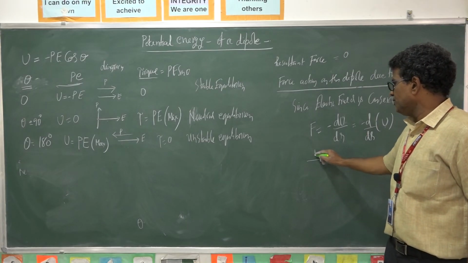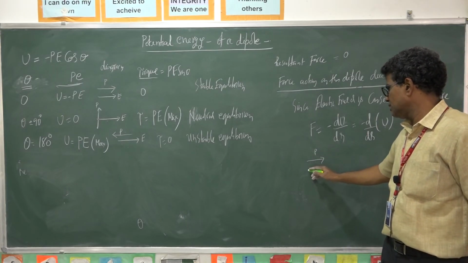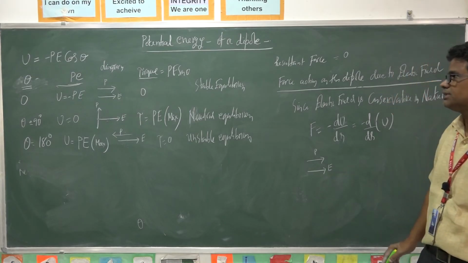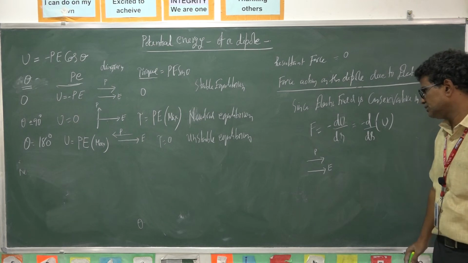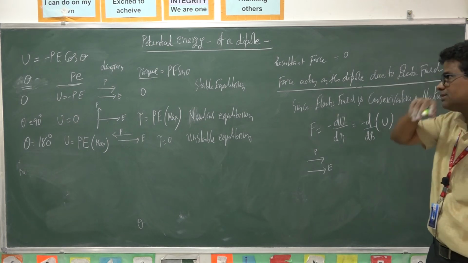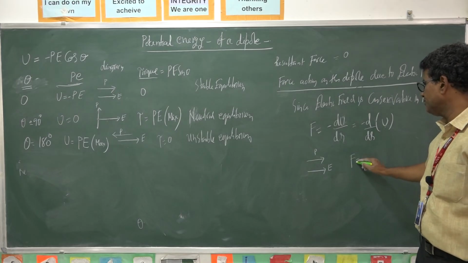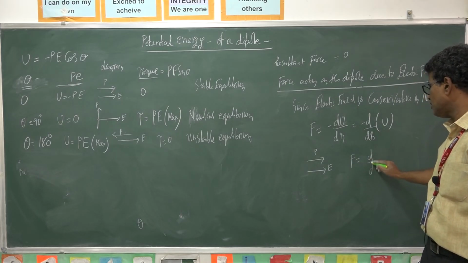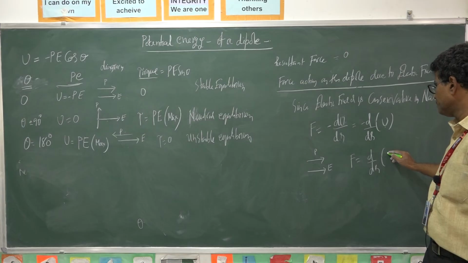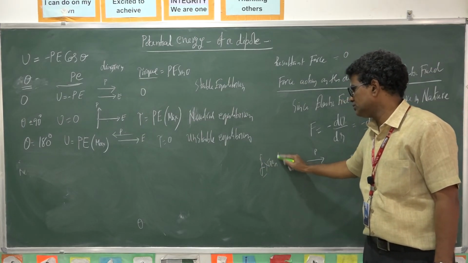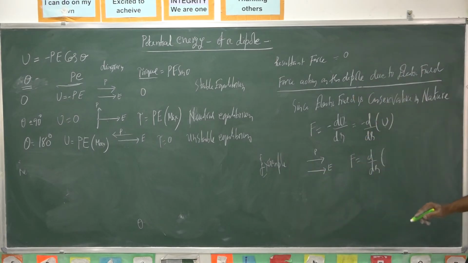Suppose the dipole will be like this, the field will be like this. How much force is acting on that? Since the force acting on the dipole is d by dr of U, here is one example to understand the force acting on the dipole.